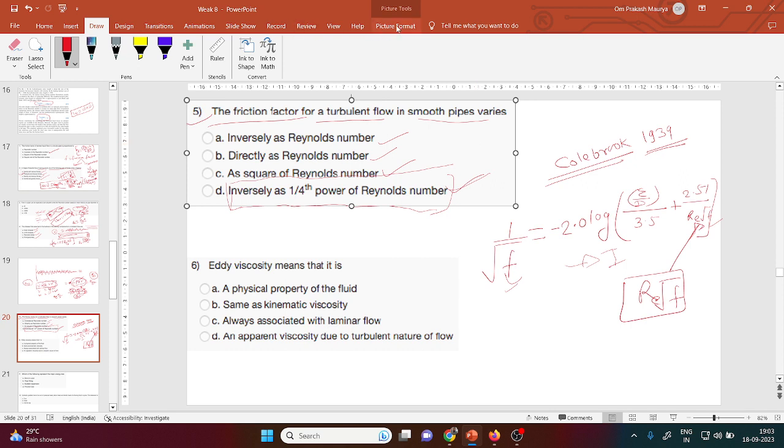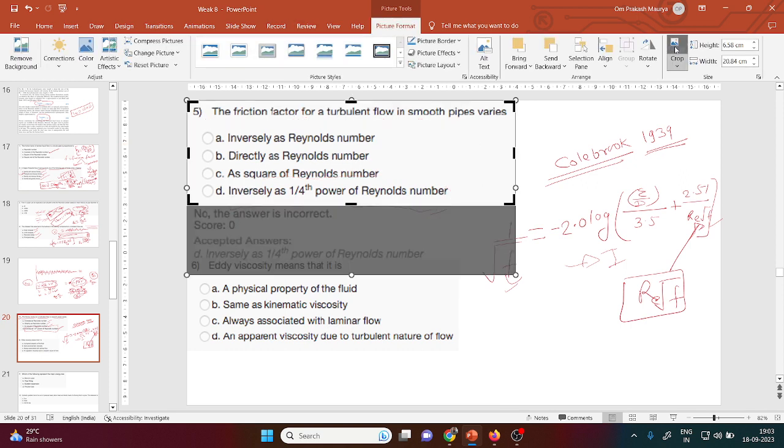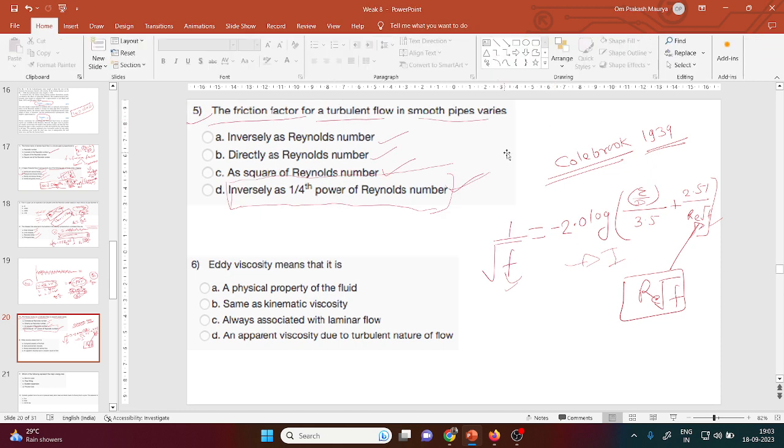So for question number 5, you need to remember the inverse 1 by 4th power of the Reynolds number for the friction factor. I think if you solve this question, it will be like that. Let's try to solve.